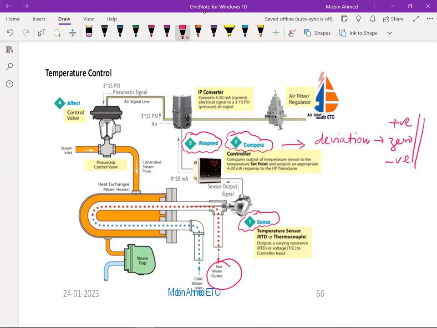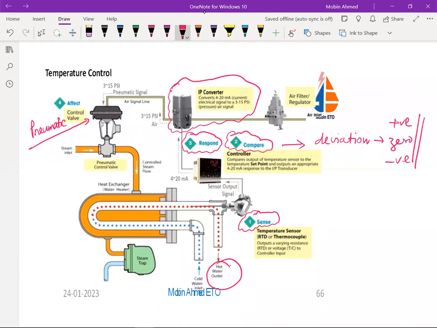So as per that, it is going to respond, and it is going to give 4 to 20 milliampere. This particular part is generally used wherever we are going to use a pneumatic control valve. So this control valve is a pneumatic control valve.